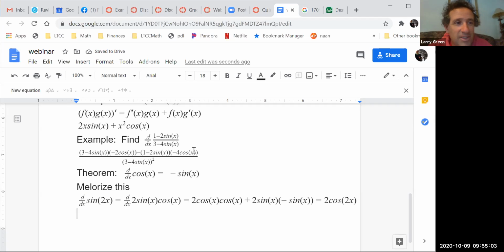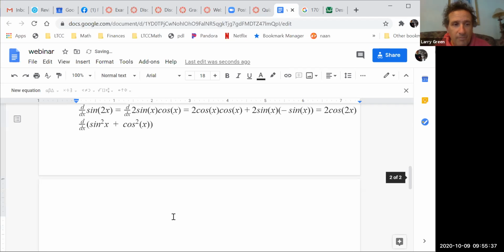Okay, how about this one? This one's a fun one. How about the derivative of the sine squared of x plus the cosine squared of x. How do we do that one?